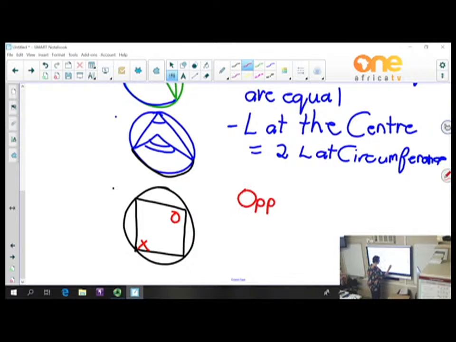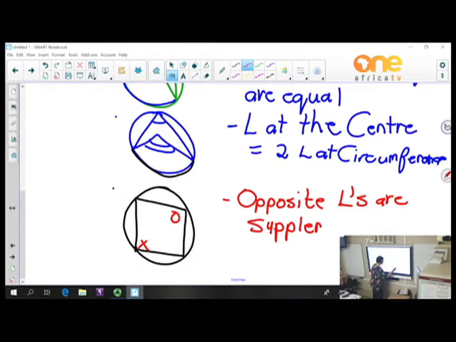Opposite angles are supplementary. So that means they add up to 180 degrees. So these two add up to 180 degrees. Right, and now the last one.